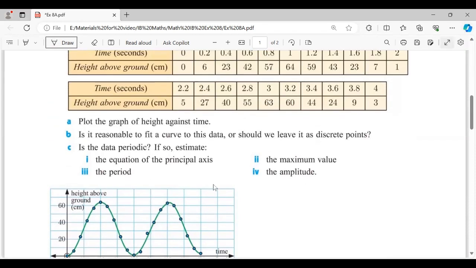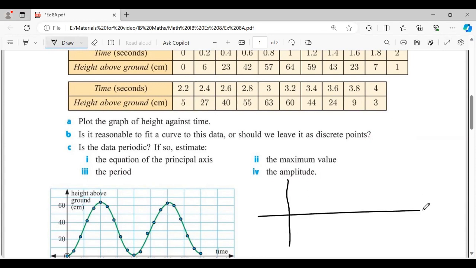So actually this graph came from the x-axis and y-axis. In this graph, the y-axis is height above ground in centimeters, and the x-axis is time in seconds.